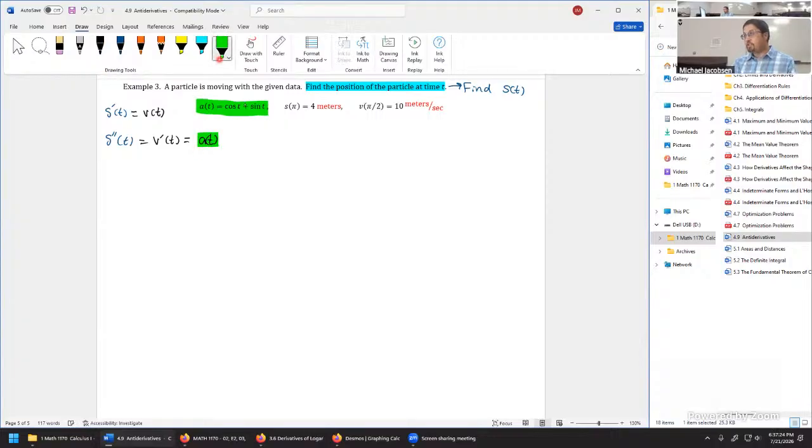Here's where we have the acceleration function. So the derivative of velocity, the rate of change of velocity, is acceleration. That's also just the second derivative of the position function. So in a real sense, acceleration is a second derivative, truly.